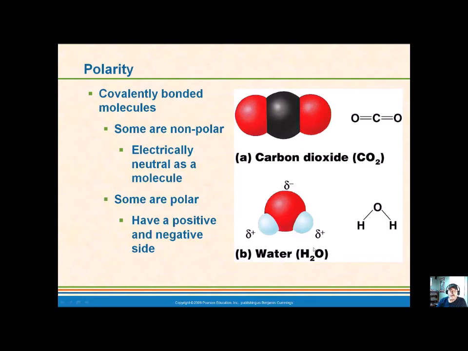So we end up with this slight charge, and because of a unique configuration, it gives water some of its characteristics as a result of those polar covalent bonds.